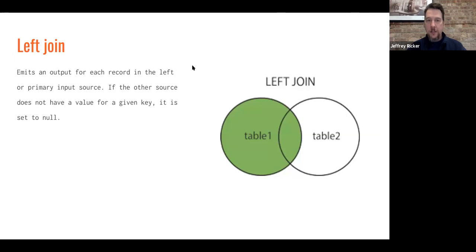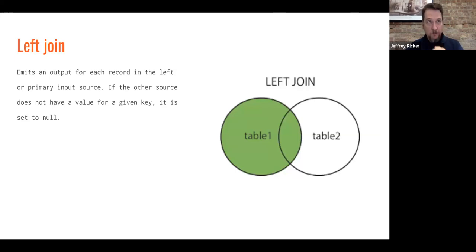If the other source doesn't have a value, then it just gives a null. So the left stream is your primary stream. For every event on the primary stream, it's going to emit an event, and it may or may not be augmented with a value from the other stream.